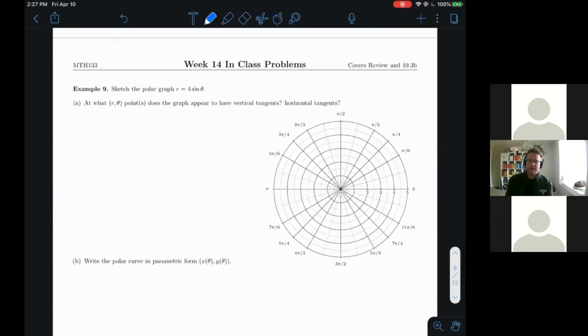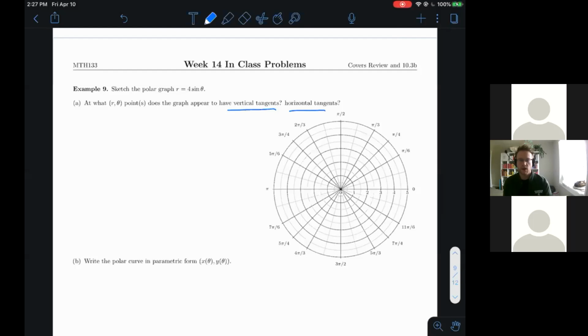Well, as I promised, next up is all about this calculus stuff. So now we're getting into the tangent lines, and this one has a slightly different flavor to it. We were interested in when is the tangent line horizontal and when is it vertical, all this sort of stuff. And so I have this r equals 4 sine theta.